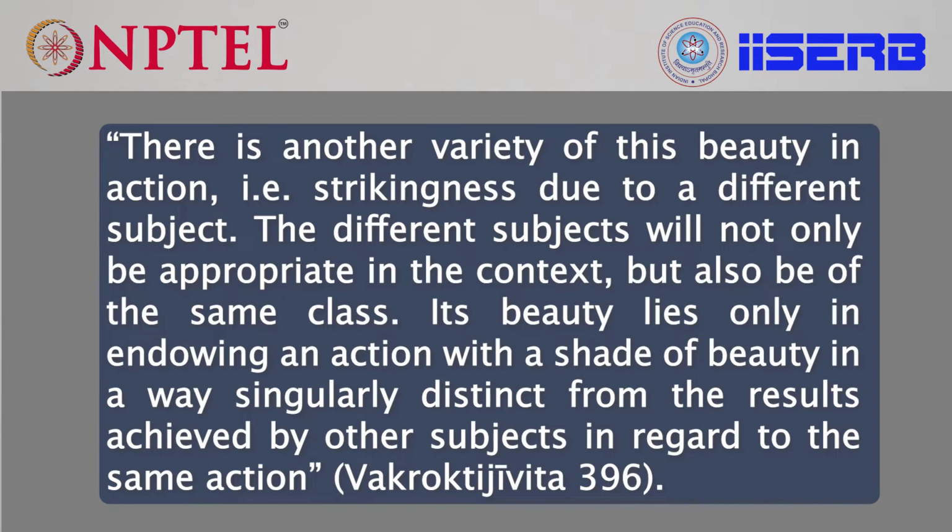The different subject will not only be appropriate in the context, but also be of the same class. Its beauty lies only in endowing an action with a shade of beauty in a way singularly distinct from the results achieved by other subjects in regard to the same action.